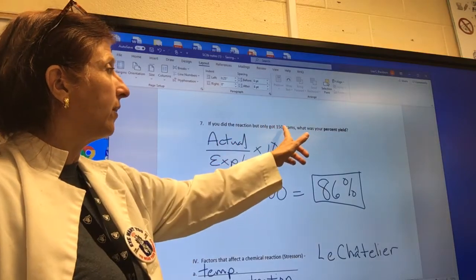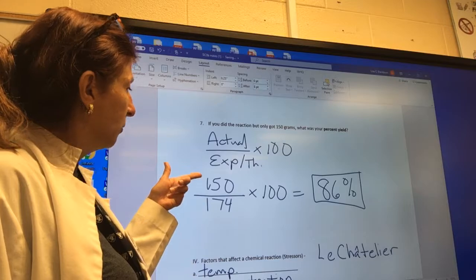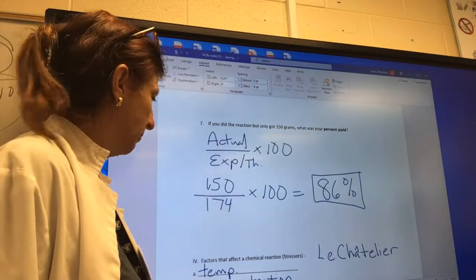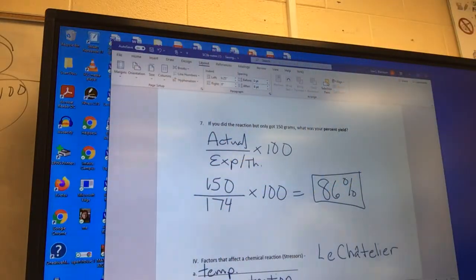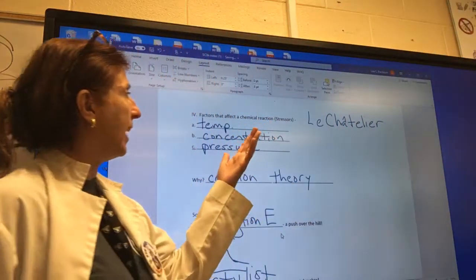So if we really only got 150 and we were supposed to get 174, you do 150 divided by 174 times 100, 86%. We did all right. And then sometimes in lab, in college, they'll make you redo it if you don't get a good enough percent.